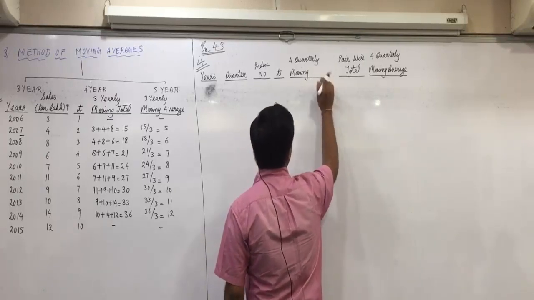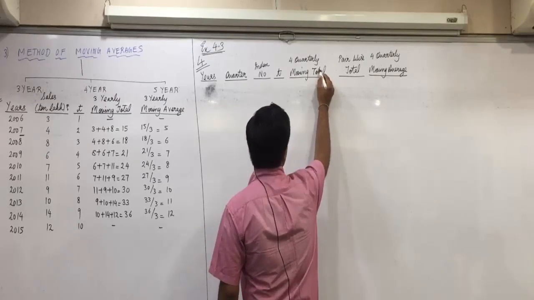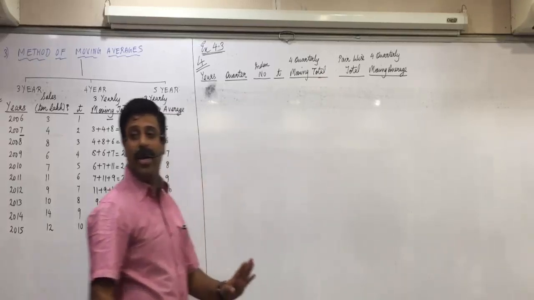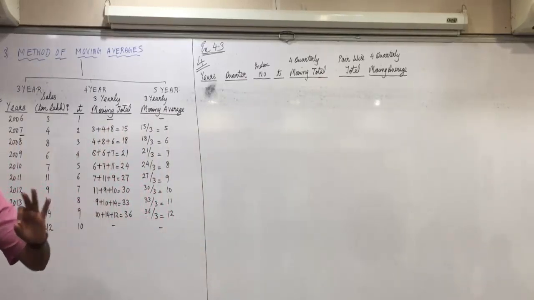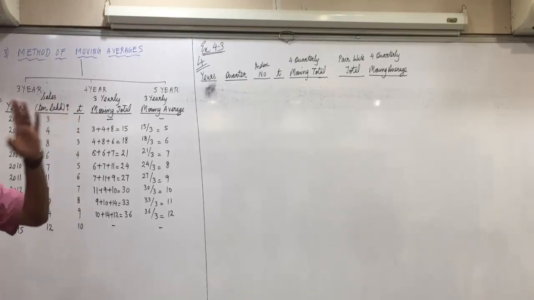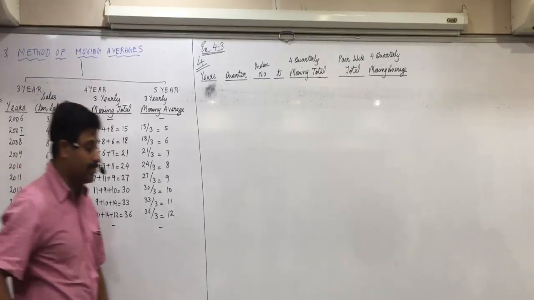Moving total. So did you understand the columns you have to make? And all the values will be written leaving one line space. So make these columns and write it down.